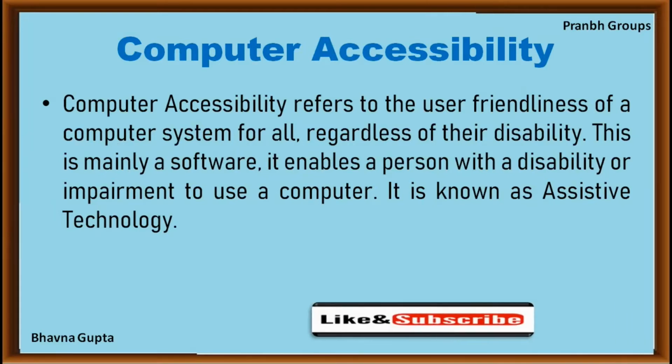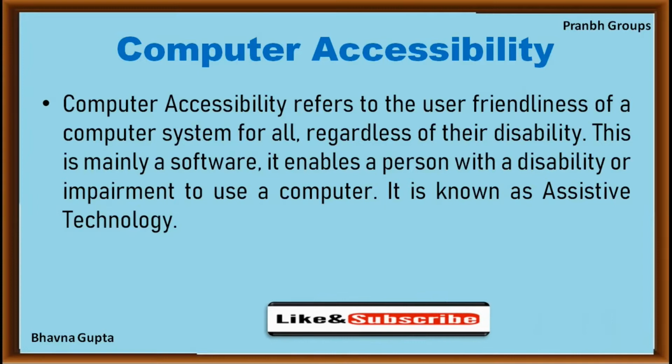This is mainly software. It enables a person with a disability or impairment to use a computer with the help of accessibility tools such as text-to-speech, speech recognition, etc. It is known as assistive technology.